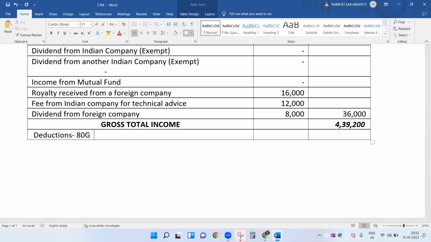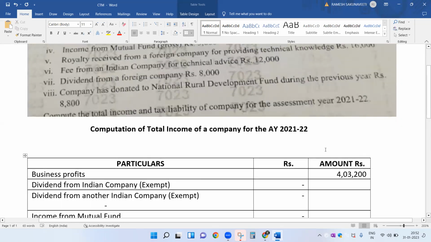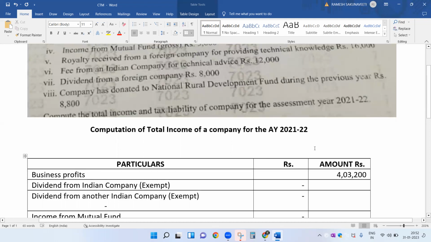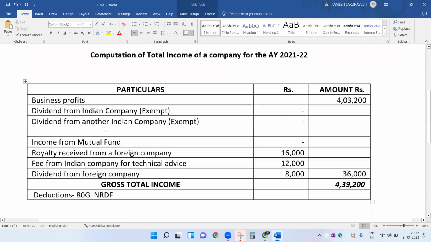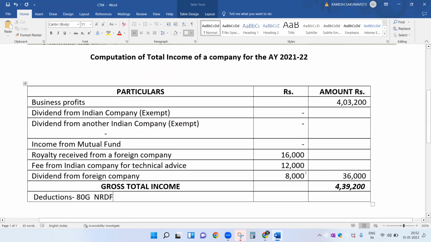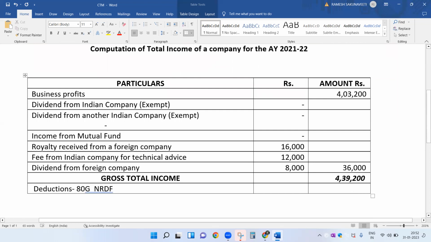This is a donation to the National Rural Development Fund, for the development of rural areas in the country. Whatever amount you donate to that separate fund is 100% exempt. So now it is 8,800.